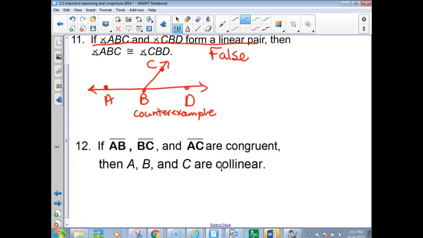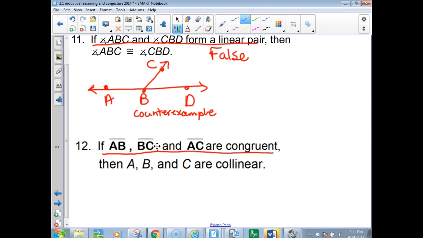Well, this one's tricky, but each of my classes, second and fourth today, have figured out what it needs to be in order to make the if part true. You see the B in both of these? That means those are connected, doesn't it?